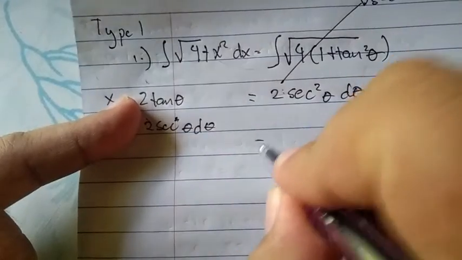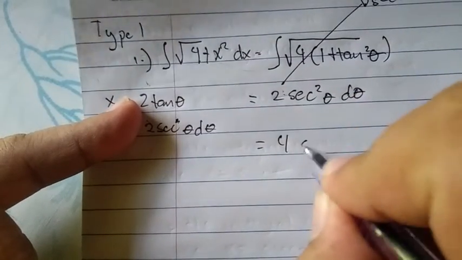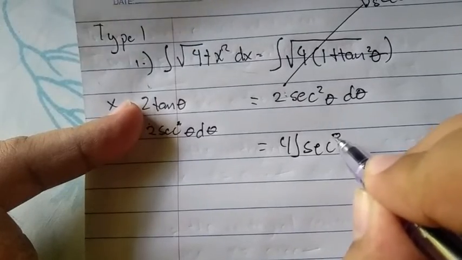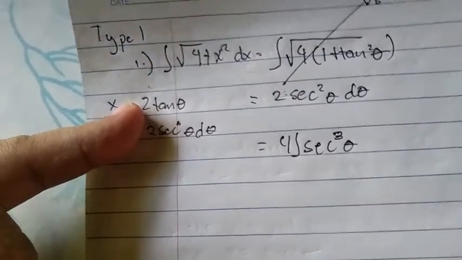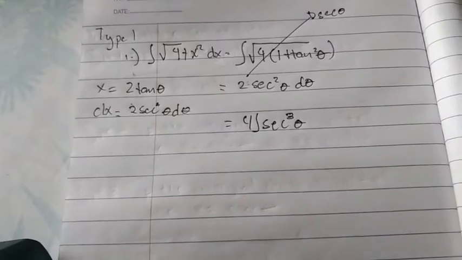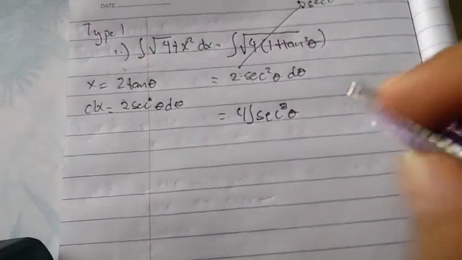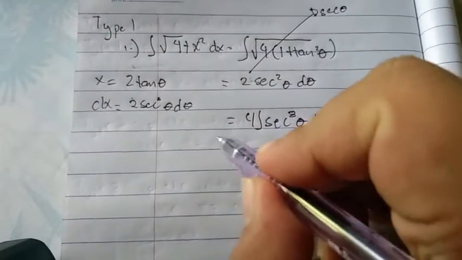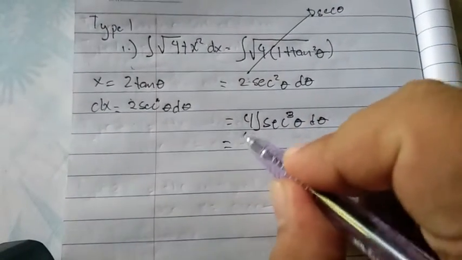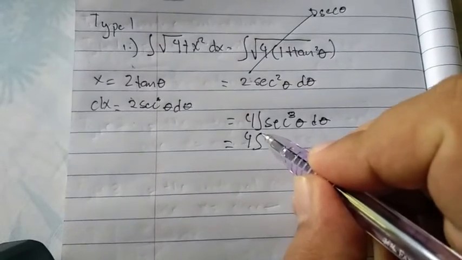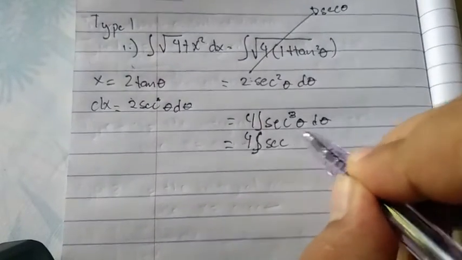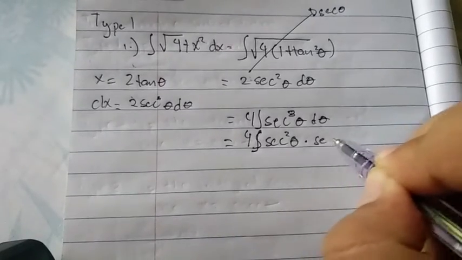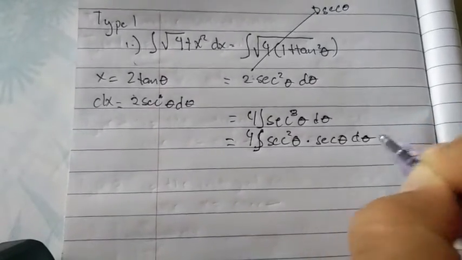This will be 4 times the integral of sec cubed theta d theta, simplified, 4 times the integral of sec cubed theta.